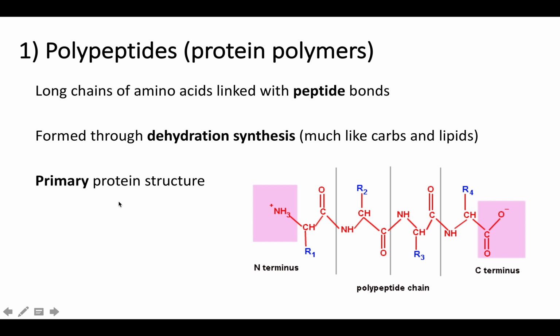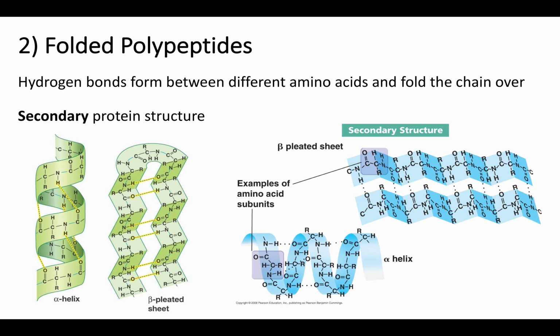Let's take a look at the secondary level. Basically, all that is taking a chain of polypeptides and folding it on itself. What happens is there are attractions between different amino acids in that chain that cause the protein chain to fold. Those attractions are hydrogen bonds.